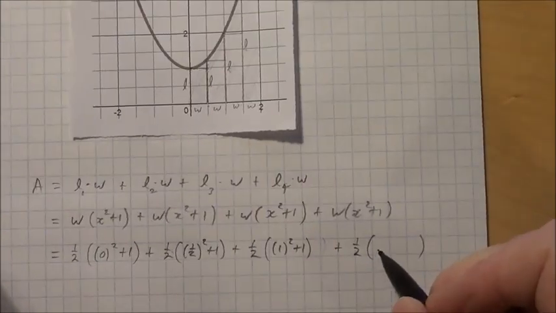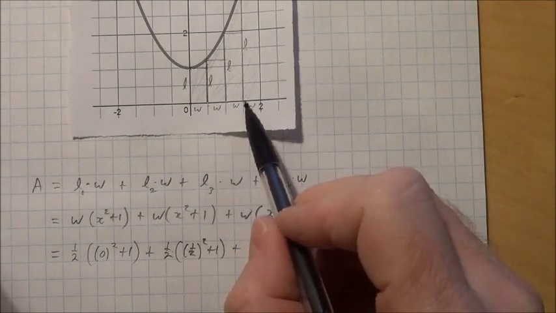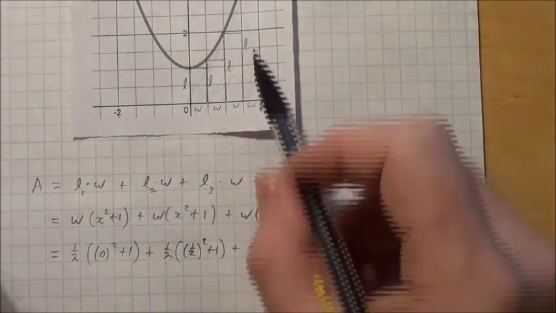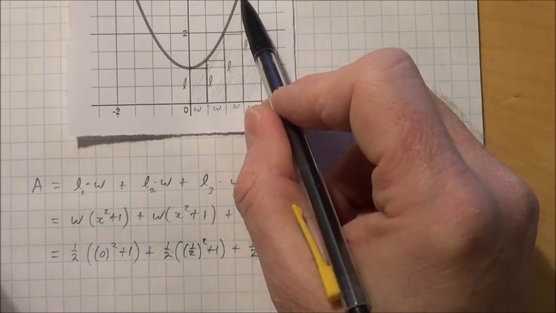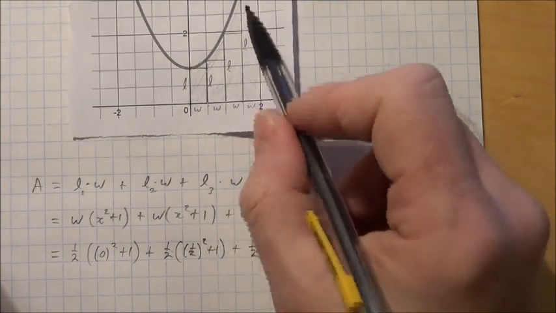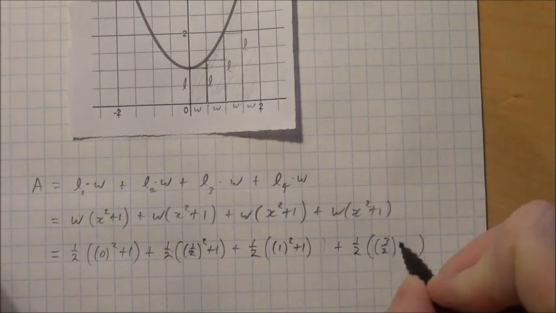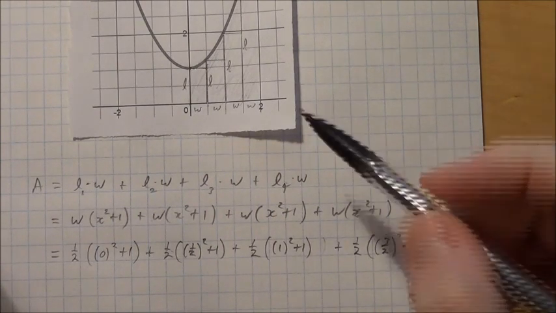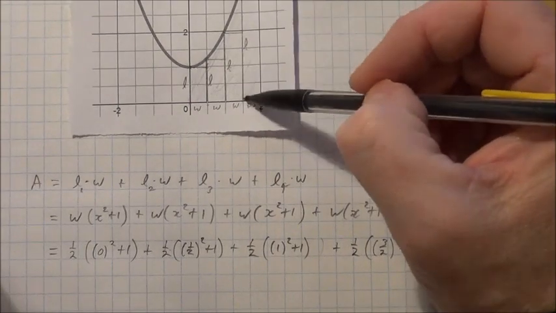Alrighty, close that. And for this last one here, this is the length 4. This is when the length 4 is the y value when x equals 3/2. Okay, and so it's the y value of here.